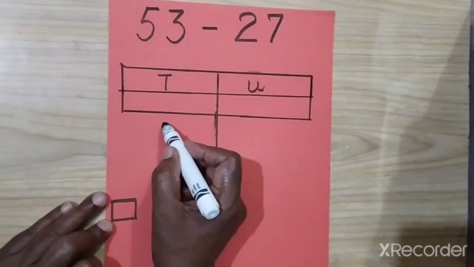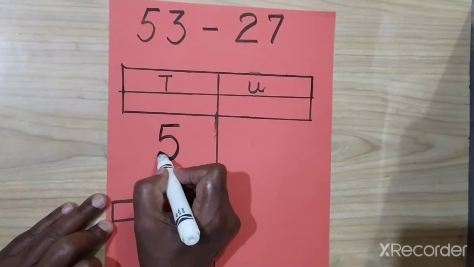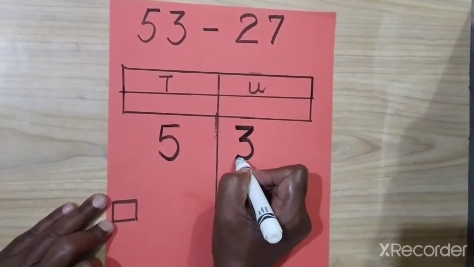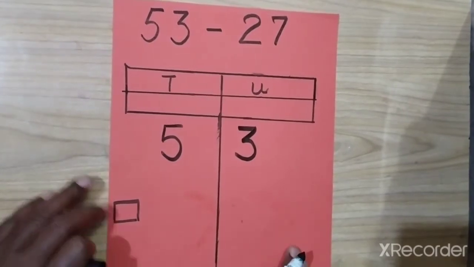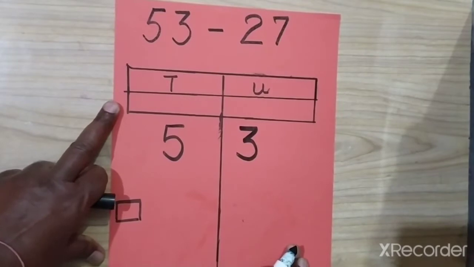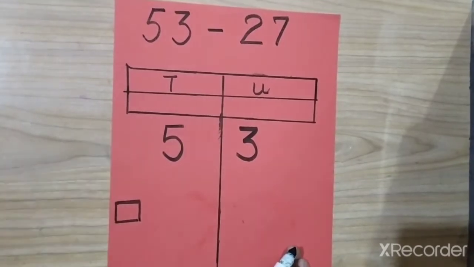Here I have 5 tens and 3 units. It's very important first to write the places before we start with any sum. It's very important that we write the places and actually put the numbers in the correct places.